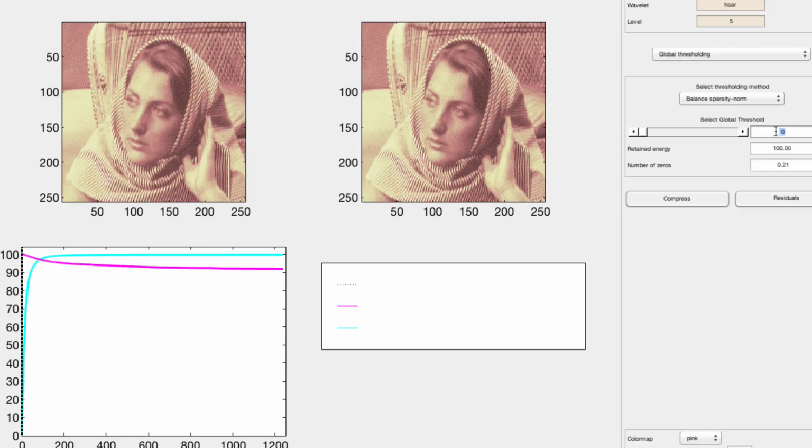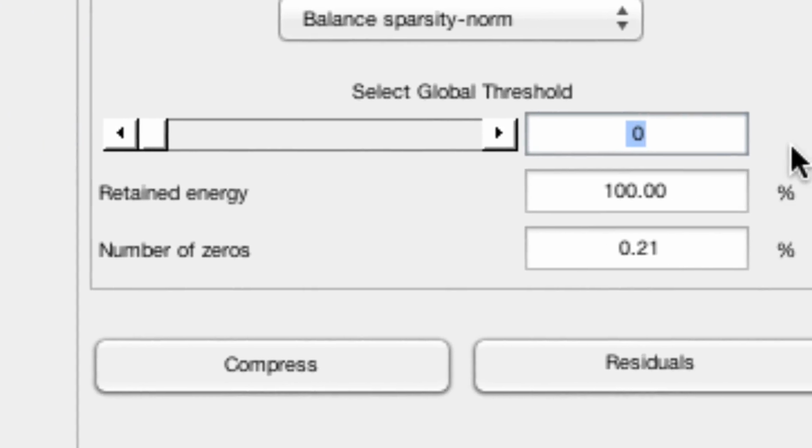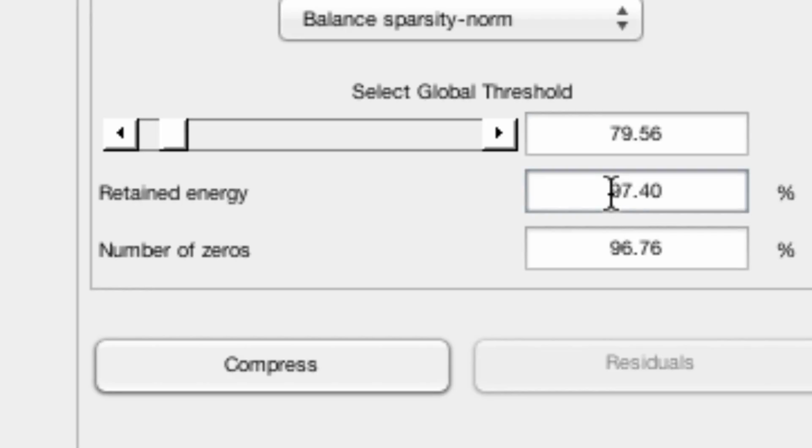Here we can set a threshold for putting things to 0. This will show how much of the image quality we still have in an L2 sense, and this tells what percentage of the coefficients we put to 0.